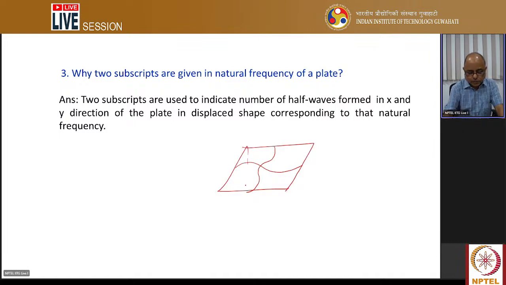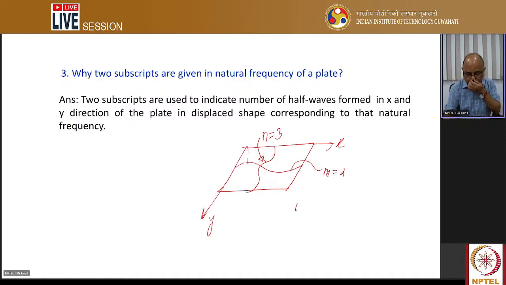So the number of half waves is different. Here the number of half waves is 2 and here it is 3. Say this is the x direction and this is the y direction. Here the number of half waves in the x direction is 2, but you can see here the number of half waves in the y direction, n, is equal to 3.